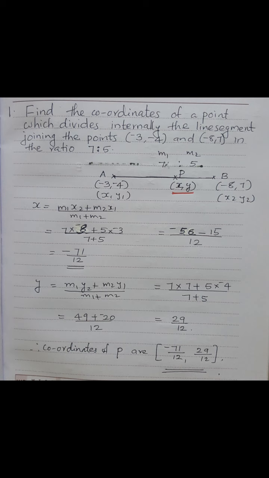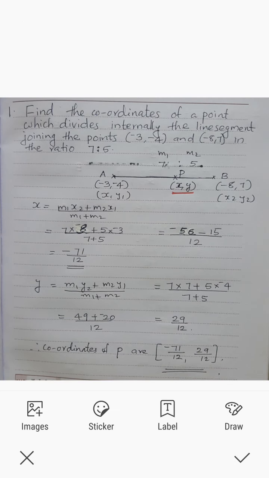Here, as we discussed just before, there are four measures. Let us see which are the four measures given to us here. AB is the line segment, so coordinates of A and coordinates of B are given.